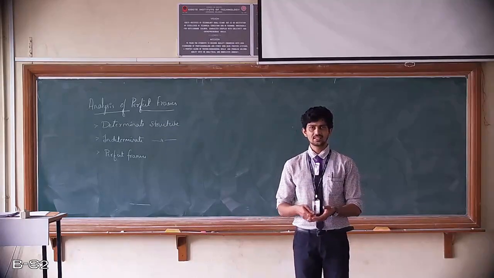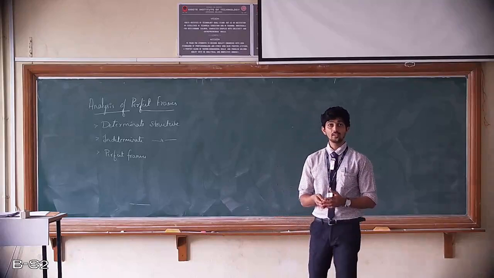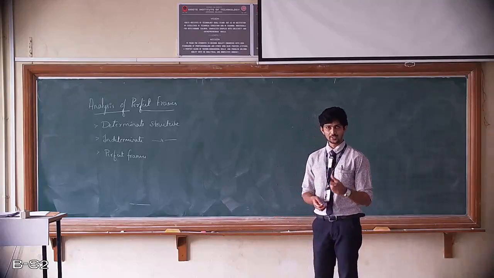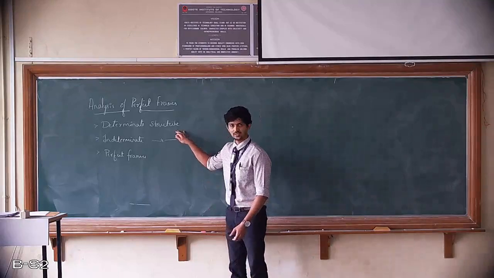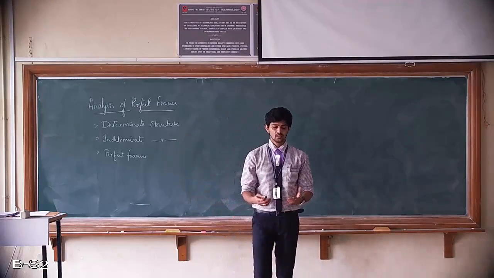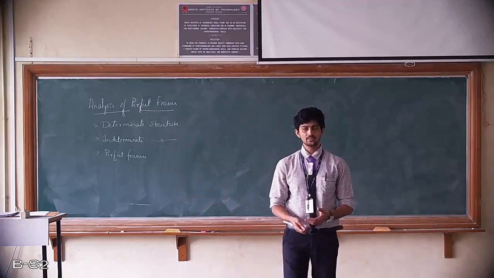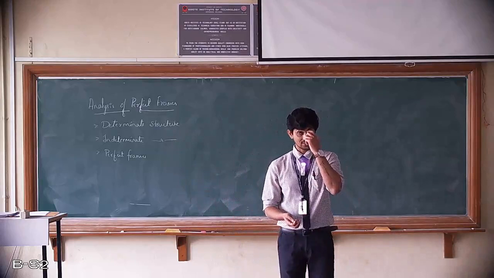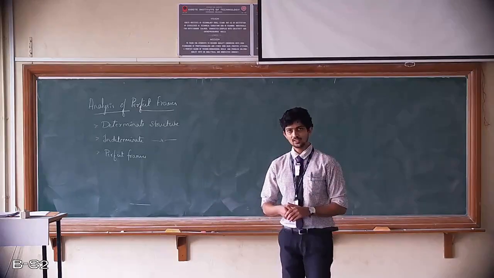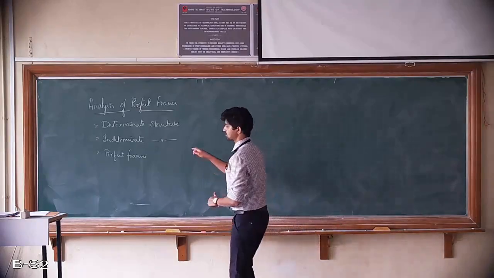So if only these three basic equilibrium equations are used to deduce the internal and external forces, then those are called determinate structures. Whereas if these equilibrium equations are not sufficient to solve all the internal forces as well as external forces acting on a structure, then that is called an indeterminate structure.